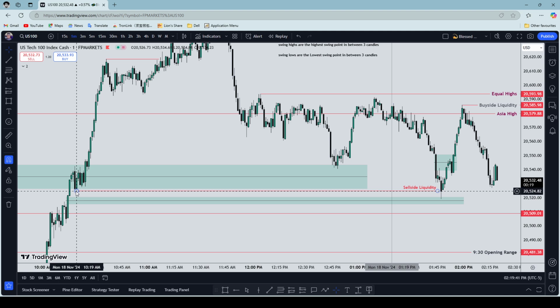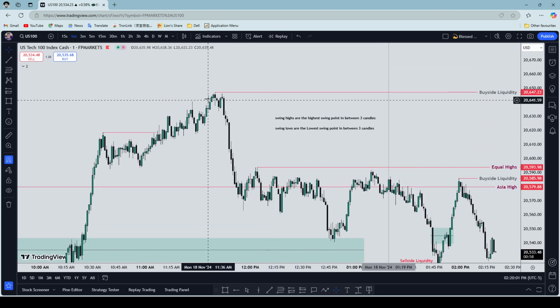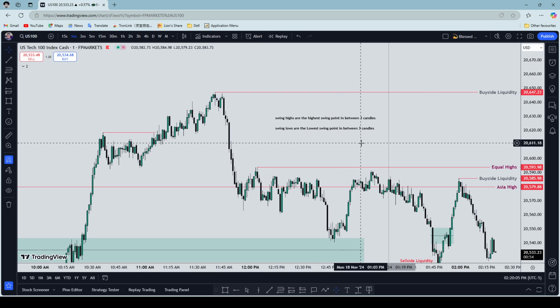That is why, when this swing point has not been traded to, I marked it out as what? Sell side liquidity. A swing low that has not been traded to, you can tag as sell side liquidity. A swing high that has not been traded to, you can tag as a buy side liquidity.